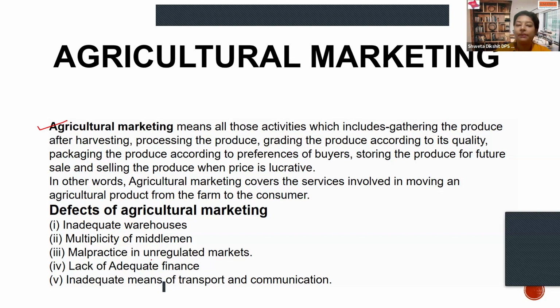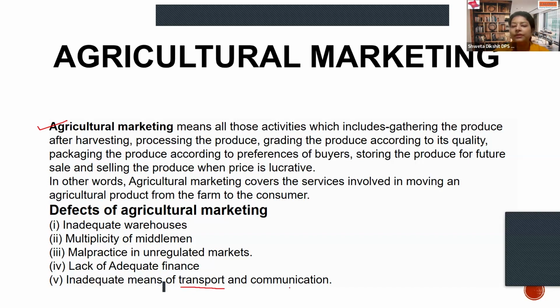Because of the involvement of middlemen, there have been malpractices and unregulated markets. There's also lack of adequate finances, as we discussed about credit in the last topic. And there are also inadequate means of transportation and communication. See, when there is lack of transportation, farmers definitely have to surrender and they sell their products to the people who approach them instead of approaching the market.